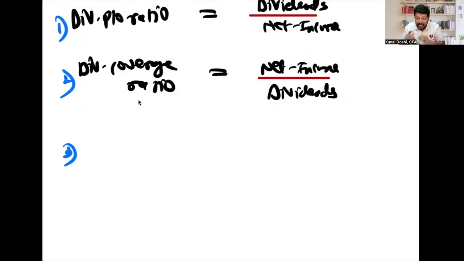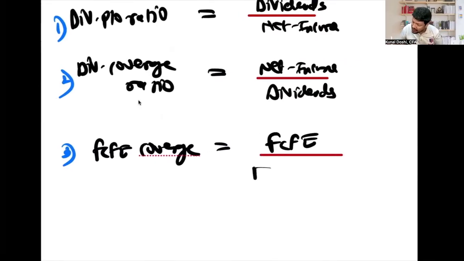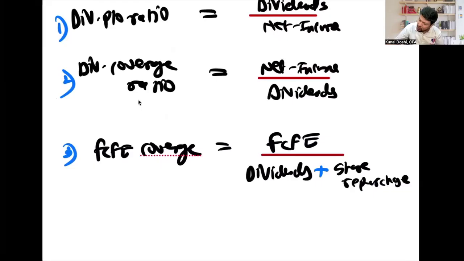But in the same way, when I say FCFE coverage, instead of net income I'm going to replace that with FCFE, and FCFE will not only take dividends into consideration, but it will take something extra, which is that it can also take share repurchase or buyback. So that's the change between dividend coverage and FCFE coverage.